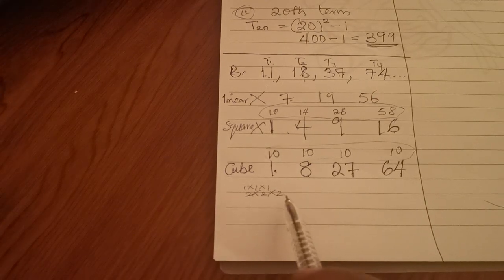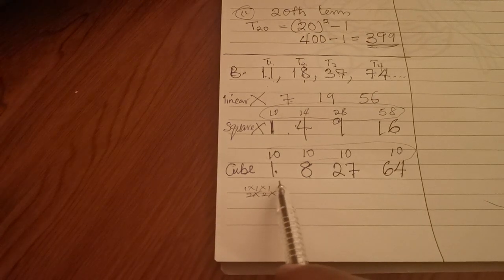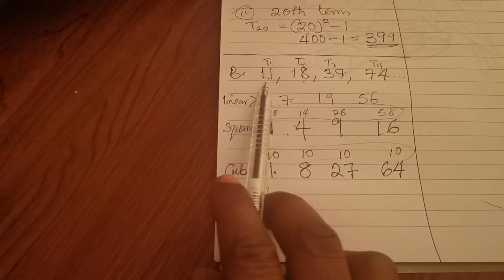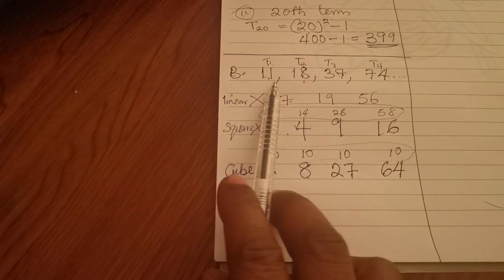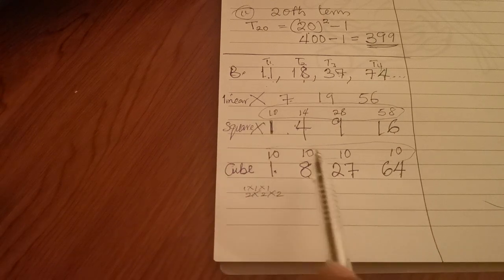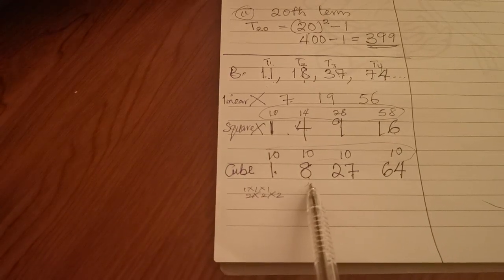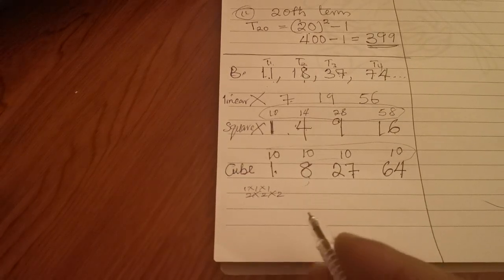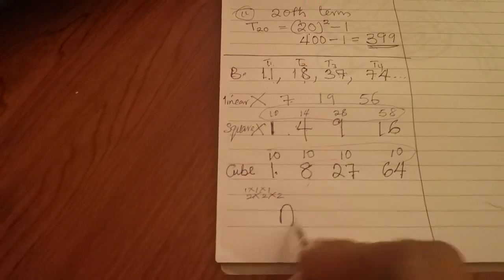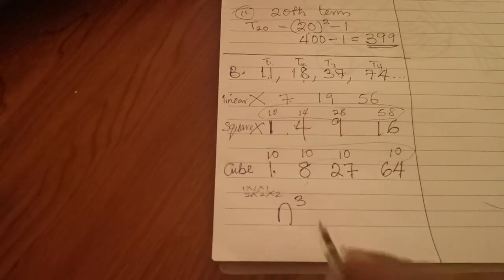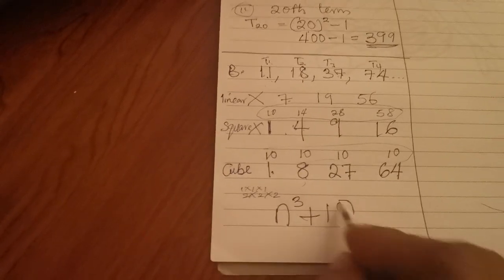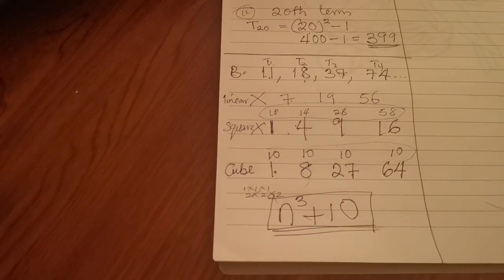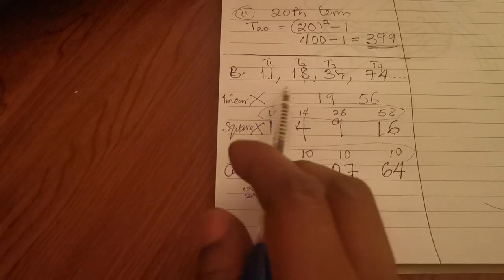So from this, you find out that each term is 10 greater than the cube of the number. The cube of the number is n cube, so plus 10. So it is 10 greater than the cube of the number. So this is the nth term of this sequence.